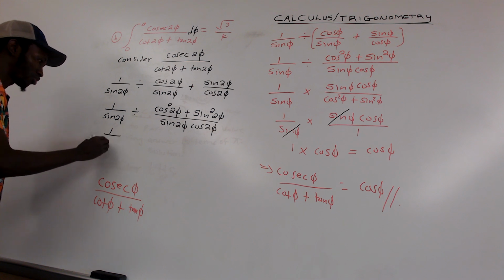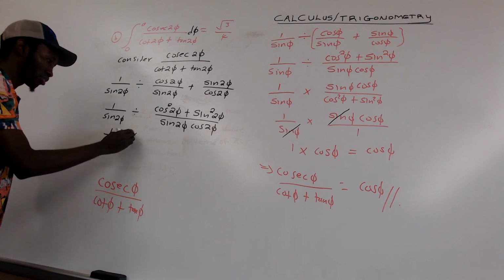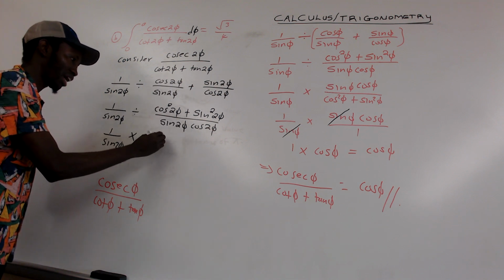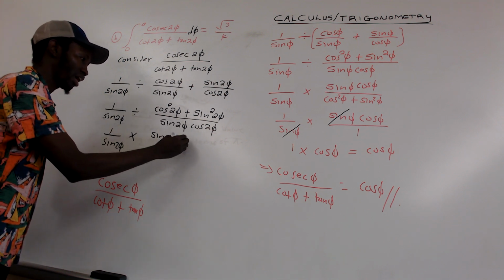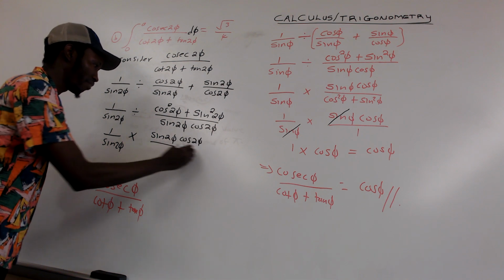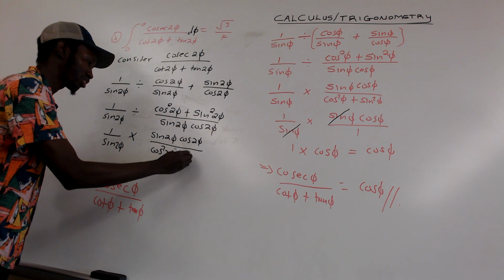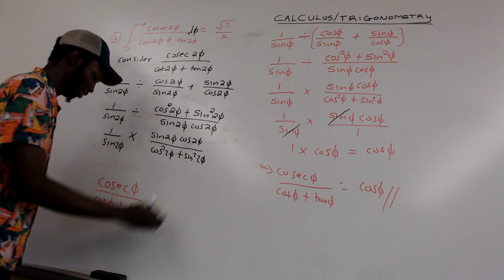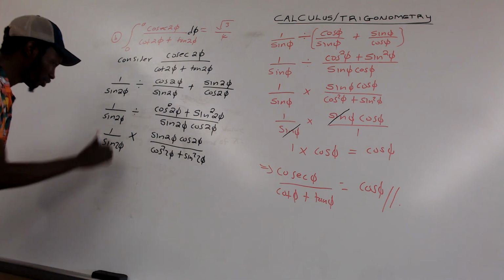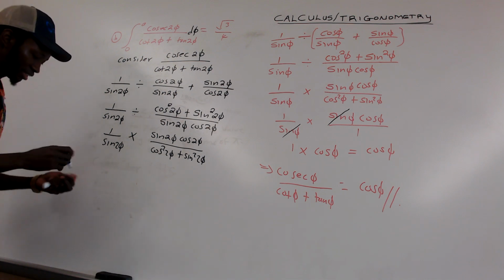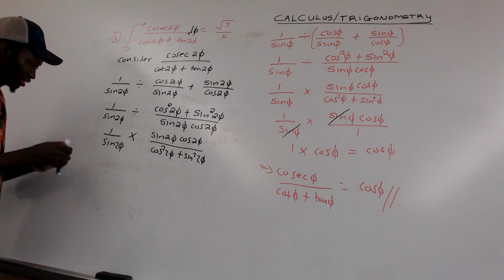So we write 1 upon sine 2 phi times, if we change the signature, this moves up, it is going to be sine 2 phi and cos 2 phi divided by cos square 2 phi plus sine square 2 phi. This is it.